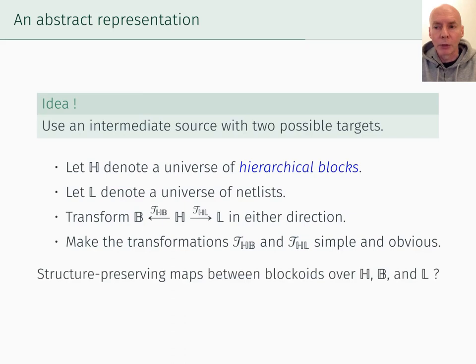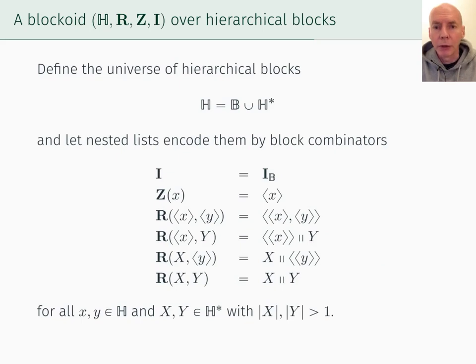And how is that going to work? The plan will be to define blockoids over H and L with structure-preserving maps between them. All we ask of our intermediate representation H is that it capture the form of a block expression. There are various ways that can be done, but one very simple one is to use nested lists of primitive blocks that can be nested to any depth.